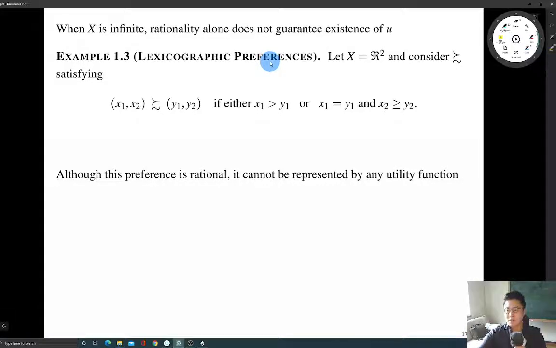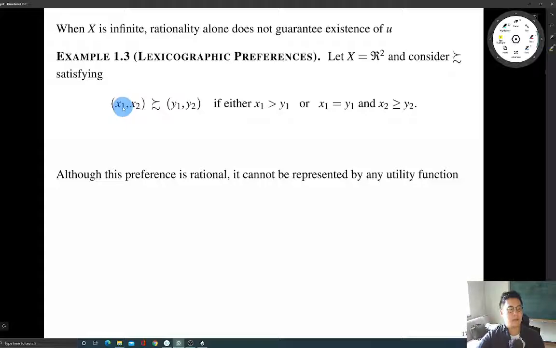So if one consumer has a lexicographic preference in a two commodity space, so we'll just consider two goods, good one and good two, then the way to rank the two bundles, okay? So now bundle X has just the two numbers, X1 and X2, and so does bundle Y, okay? And if the consumer has a lexicographic preference, he first compares the amount of the first good, okay?